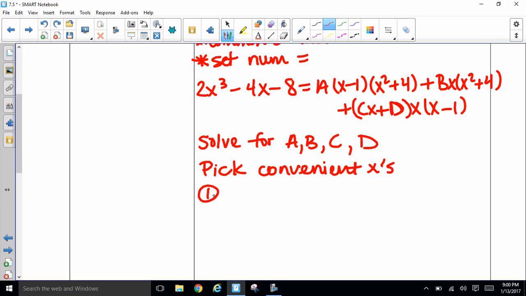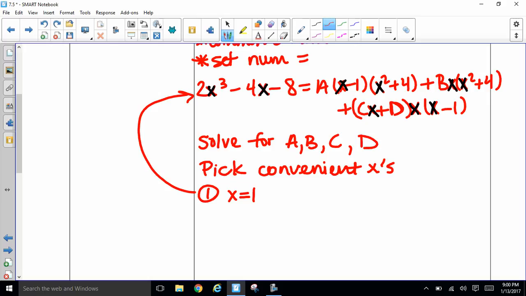So one thing that is going to zero out factors that I see up here is if x is 1. And again, you're just going through and replacing every x you see with what you're picking, in our case 1. Put every x all the way throughout here. And we have a lot of them on this one.